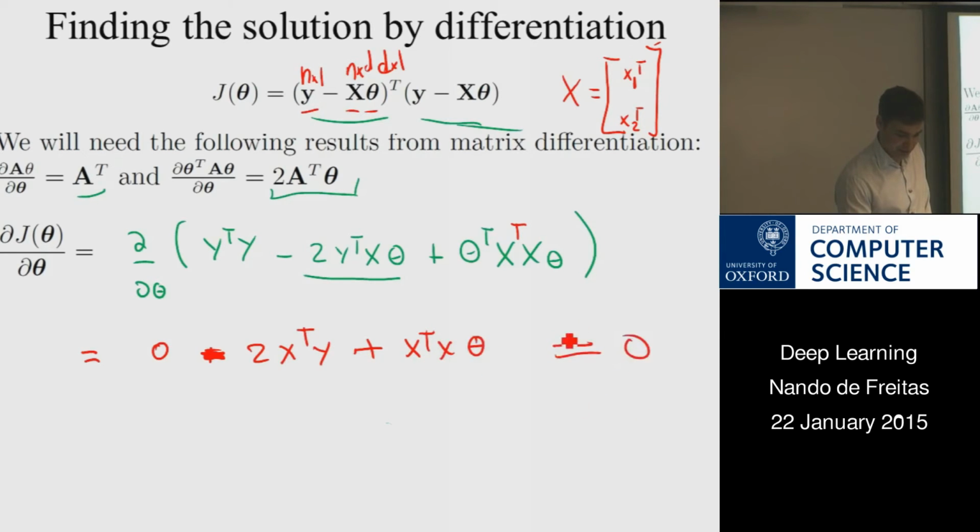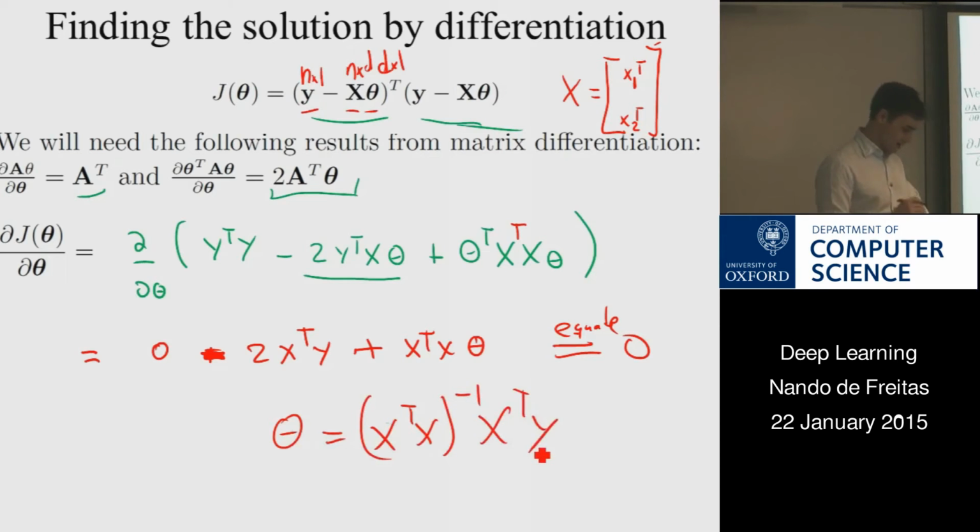We equate to 0, and then we get that theta is equal to x transpose x inverse x transpose y. And that is the solution. So you can calculate this very easily. If you have the tables, in Torch you'd have the tensor, you just transpose it, multiply, invert that, multiply times x, multiply by the vector of y's, and that's theta.